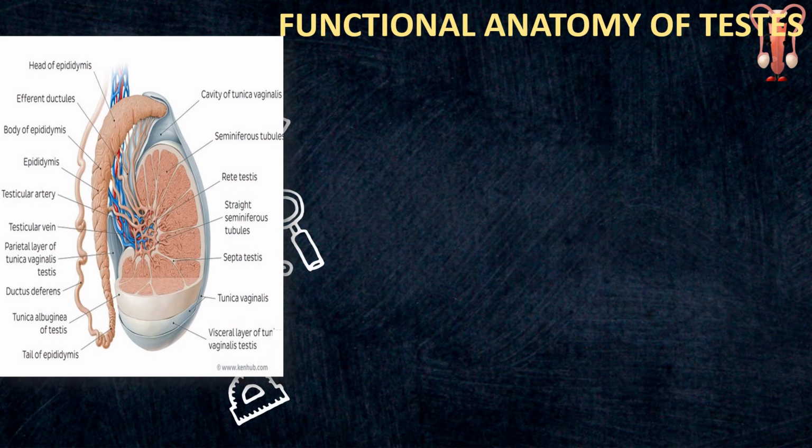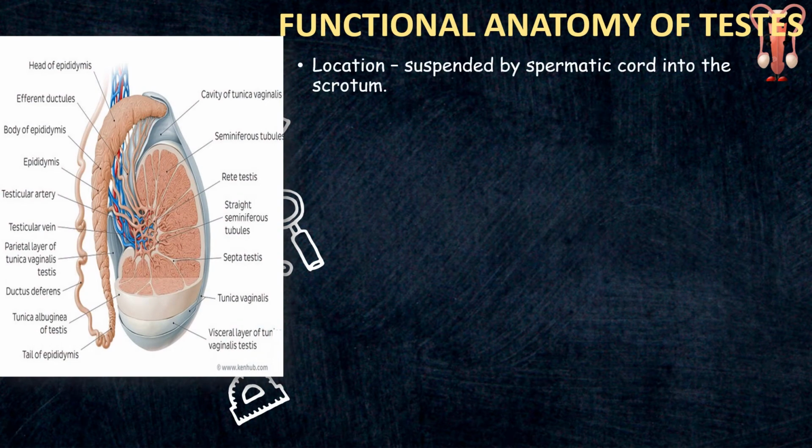Functional anatomy of the testes. Testes are ovoid bodies which are suspended by the spermatic cords into the scrotum. They are maintained at a temperature lower than the normal body temperature, which is very important for normal spermatogenesis.